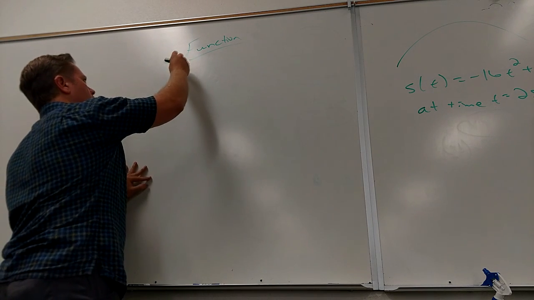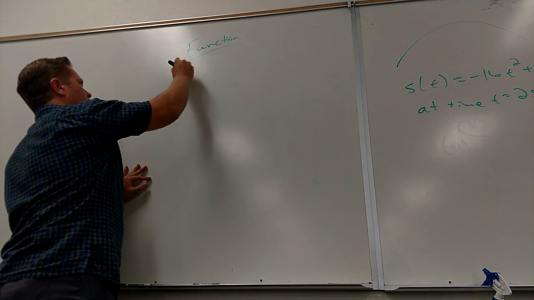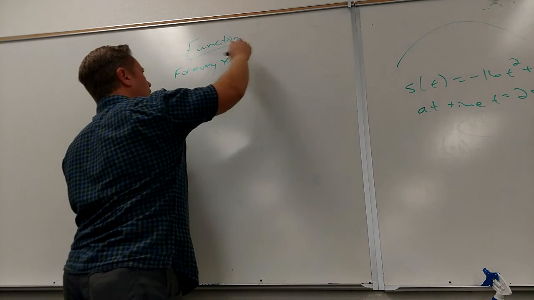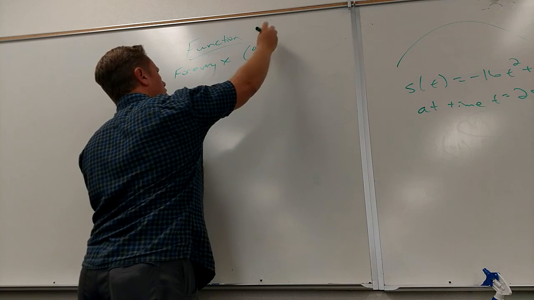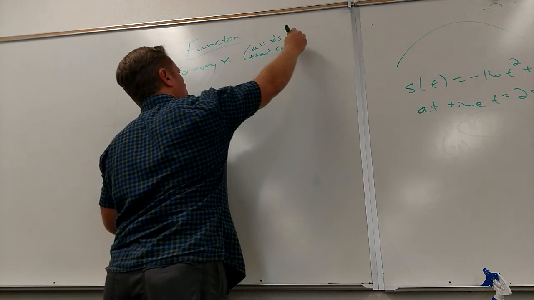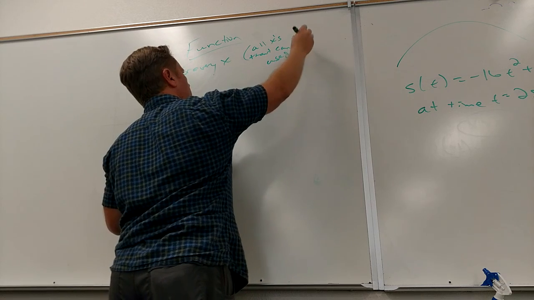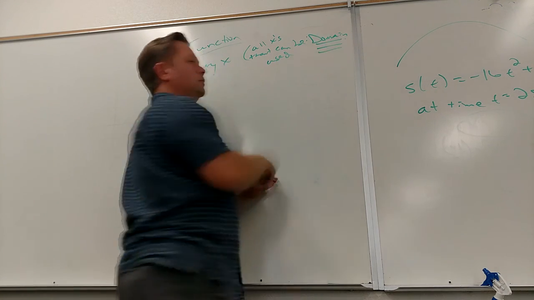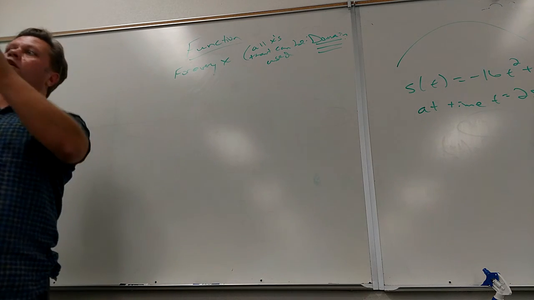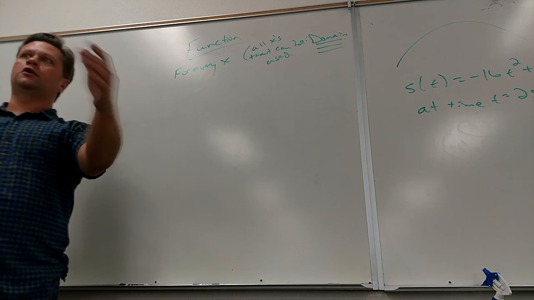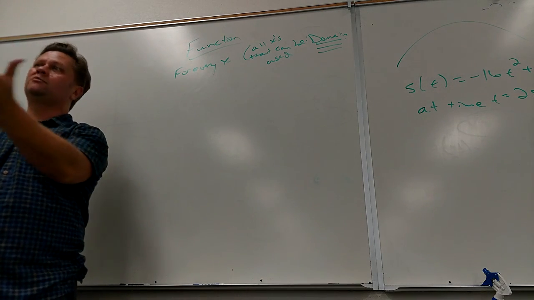So the whole idea of functions: for every x, all right, let me write this again, for every x. And what are all the x's called? All x's that can be used, they're called the domain. So the domain is the collection of all the x values I'm allowed to use. Certain functions will have certain things that will make the bottom 0 or something.